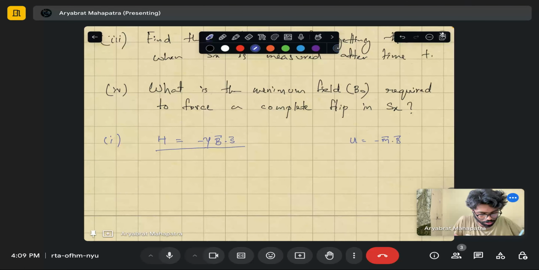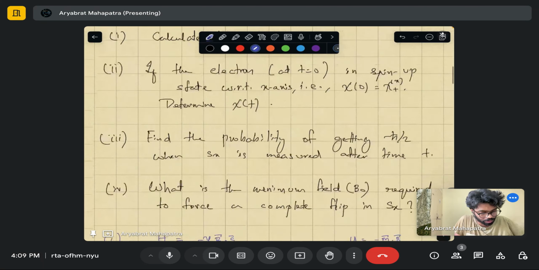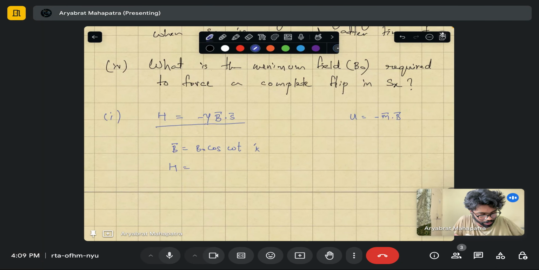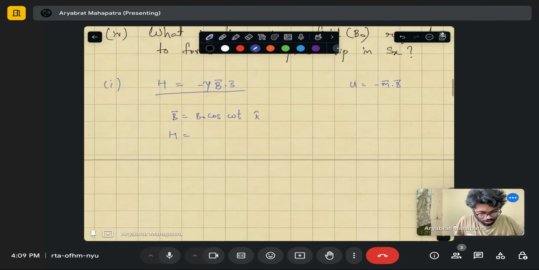The magnetic field is given to be B naught cos omega t, along the z direction, that is k. The magnetic field is along k, and then here you will have Sz.